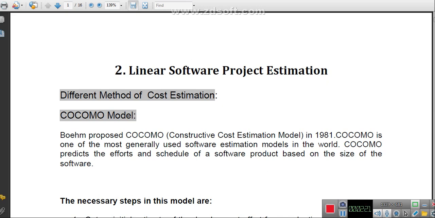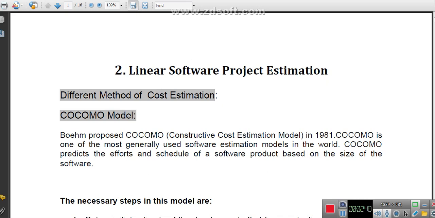COCOMO is one of the most generally used software estimation models in the world. To estimate how much cost or how much effort is required to develop a particular project or software, most persons or most organizations use this COCOMO model.